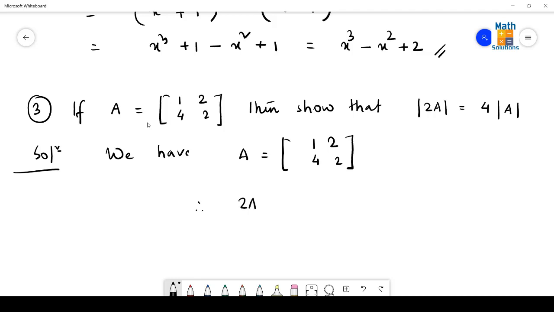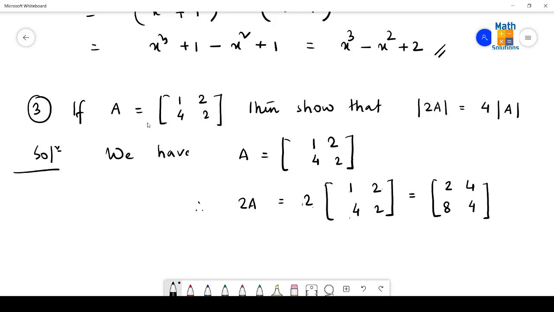Therefore twice A is equal to 2 into 1 2 4 2. After scalar multiplication we shall be getting 4, sorry, it will be 2 actually, not 4. So 2 into 1 is 2, then 2 into 2 is 4, then 2 into 4 is 8, then 2 into 2 again 4. So twice A we got this result.